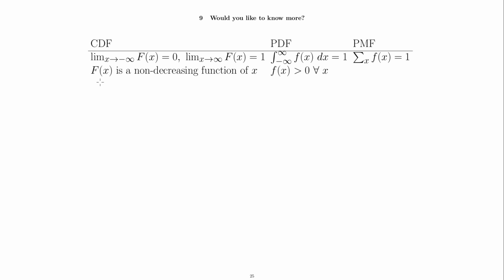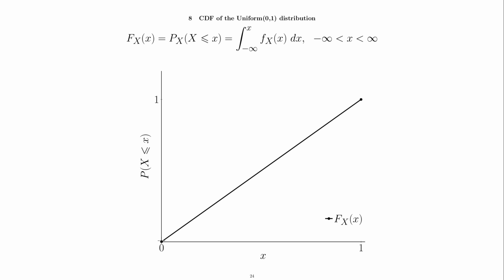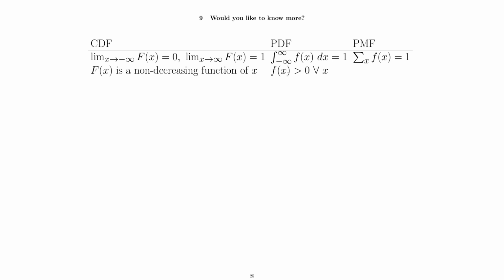The next is that capital F of x, for the CDF, is a non-decreasing function of x. So what does non-decreasing mean? Well, here would be an example of a decreasing function of x. On this interval here, it would be decreasing. And we can't have that because it ends up leading to negative probabilities in certain areas. We know that little f of x must be greater than 0 for all x.